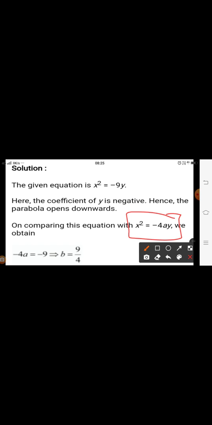Comparing these two equations, 4a we get as 9, so a is 9 by 4. The value of a we have, and with it we can tell the coordinate of the focus, the vertex, the equation of the directrix, the length of the latus rectum, all these things.